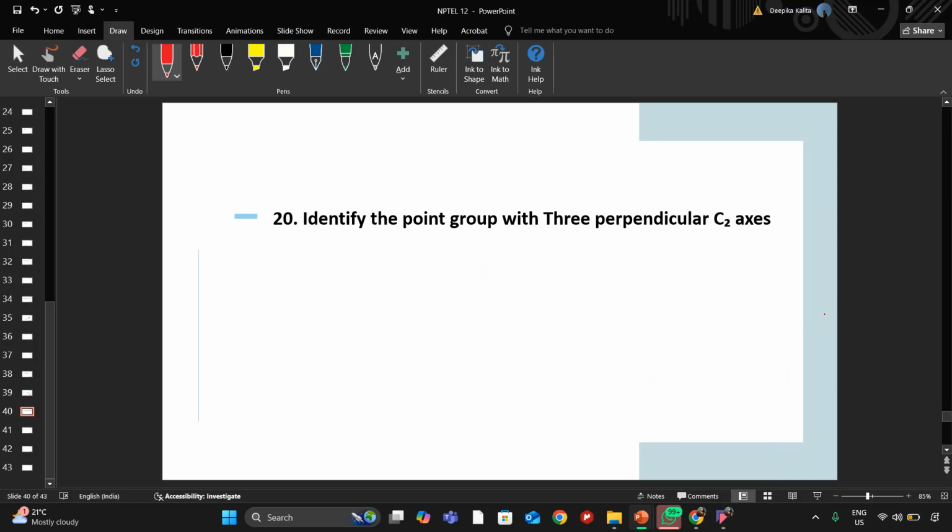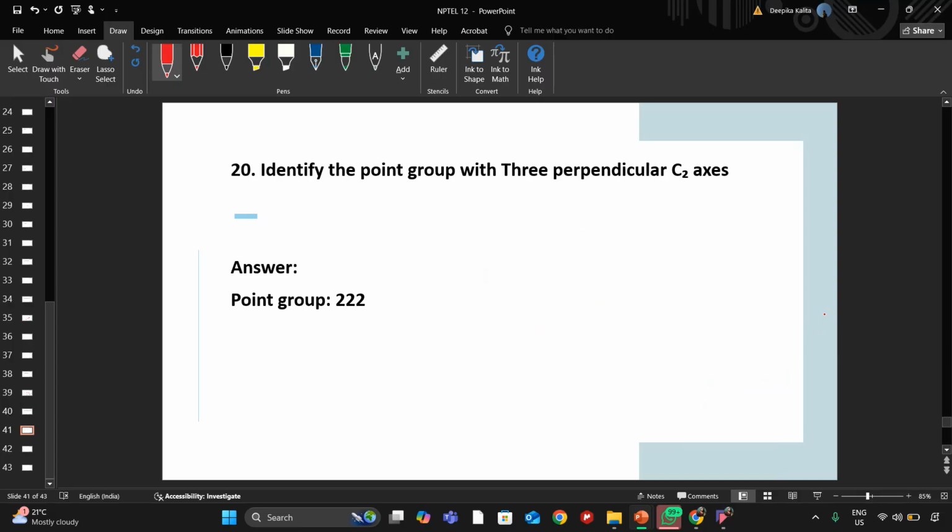In the next question, identify the point group with three perpendicular C2 axes. So three mutually perpendicular C2 axes will have the point group 222. It is a crystallographic point group within the orthorhombic crystal system characterized by three mutually perpendicular two-fold rotation axes.